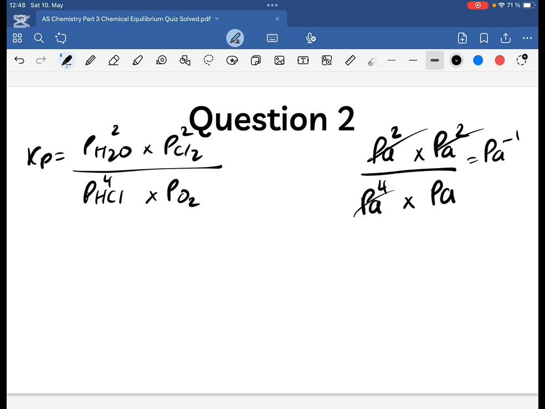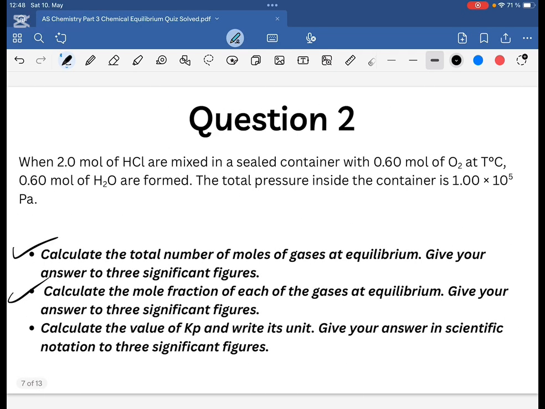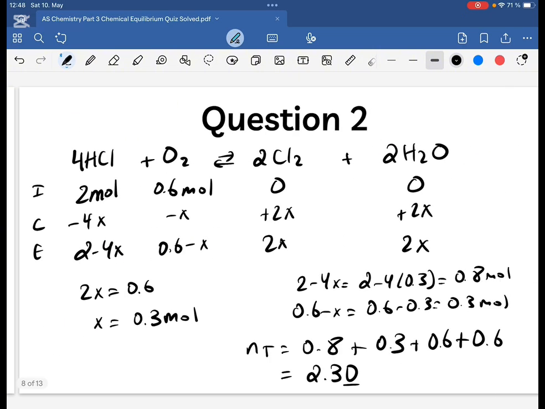So for the pressure of Cl2, to find the pressure, we're going to use this formula, which is the partial pressure is equal to the mole fraction, which we found in the part before, multiplied by P total. And P total is equal to 1 times 10 to the power of 5 Pascal.